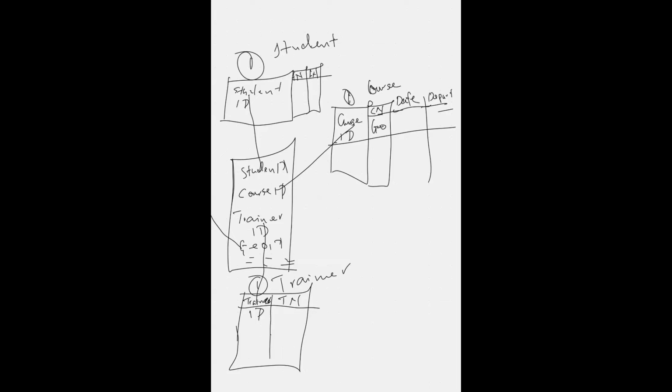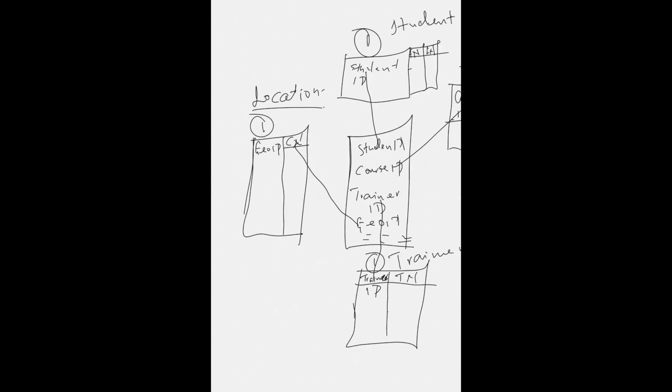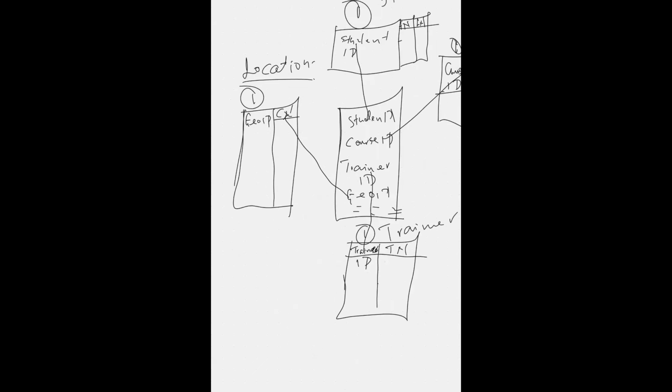And when you have the student ID, you can have your names and everything here. So if I pull up your student ID, I can have your name, your full information, your address and everything. If I come to the trainer ID, the same thing applies. Whichever teacher is teaching, I can come here and see the course that the teacher is teaching.